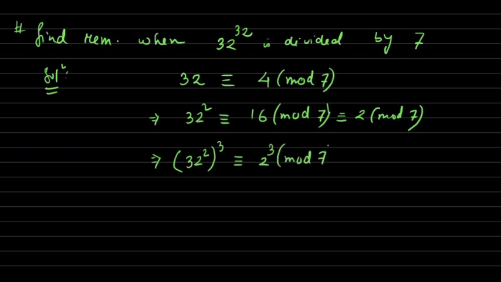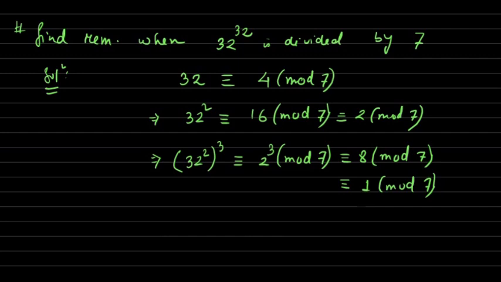You will get to know very soon. This will give me 8. Yeah, 8 is nearer to 7, so 8 can be written as 1 mod 7. Why? Because 8 minus 1 is divisible by 7. So I told you earlier that we have to try to make the remainder as 1.